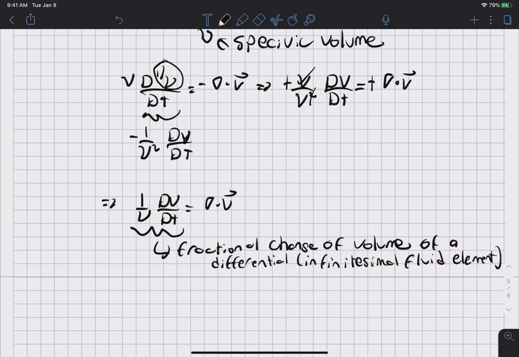Okay, and so this expression here is literally saying that the fractional change, or you can think of it as the percent change of volume, is equal to the divergence of the velocity vector.